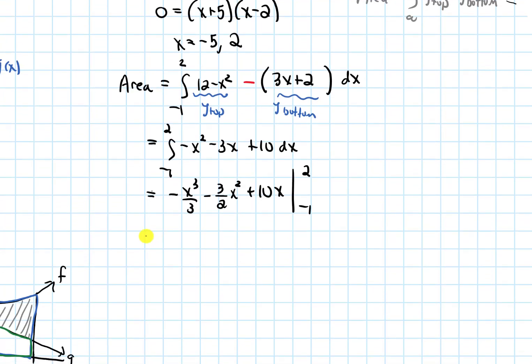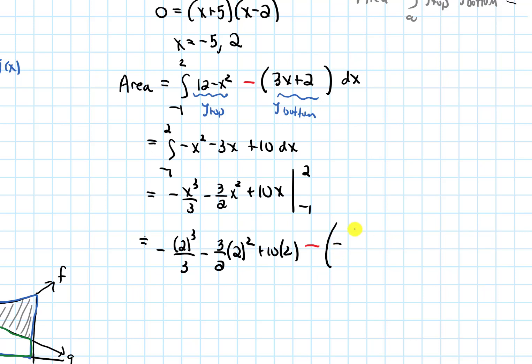All right, so if I plug in 2 into this, we'll get negative, and then in parentheses, 2 cubed over 3 minus 3 halves in parentheses 2 squared, and then plus 10 times 2. All right, and then I've got to do minus. Got to put a big old parentheses around this. Now I'm going to plug in -1.